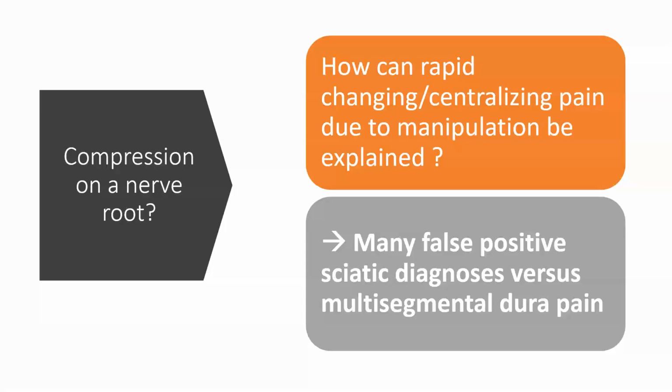An important remark is also going to be, and I also mentioned that in other lectures, the majority of people with radiating pain in the leg don't have a sciatica. They have multi-segmental reference of pain from the dura. How do we know that? Well, I explained that in detail in the specific lecture on the history.